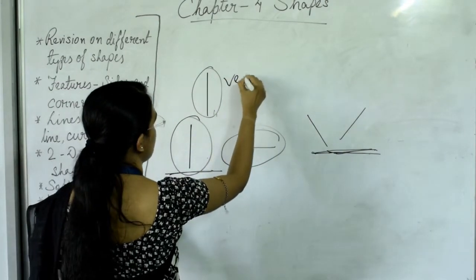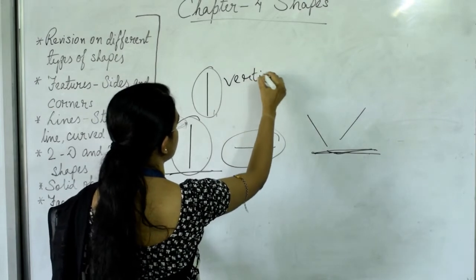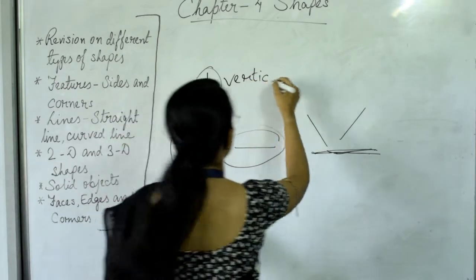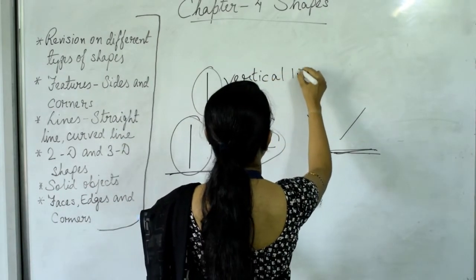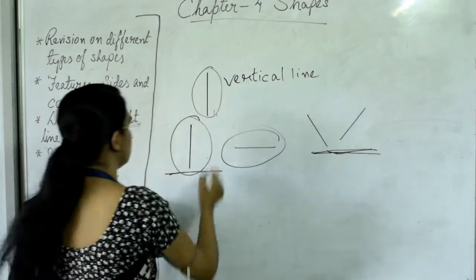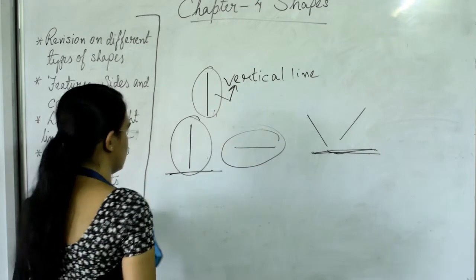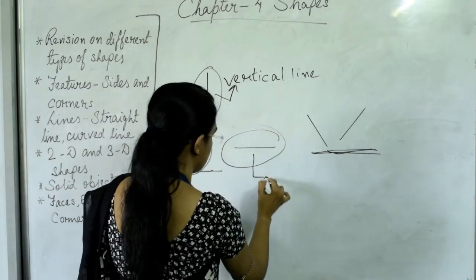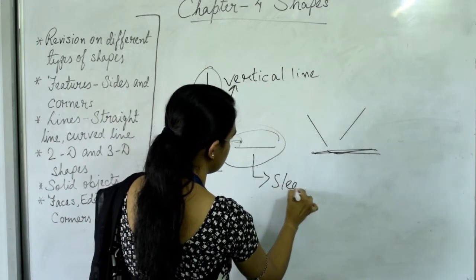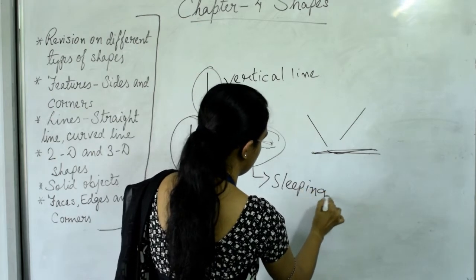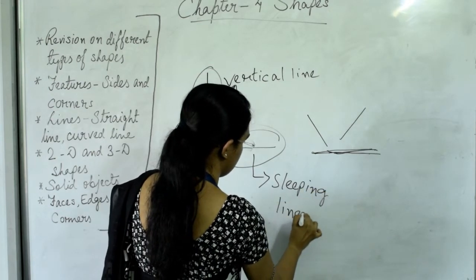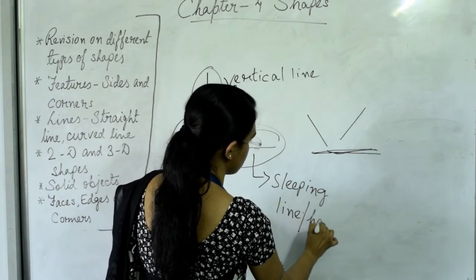You can say standing line as vertical line. This is a vertical line, and this is a sleeping line, or you can say horizontal line.